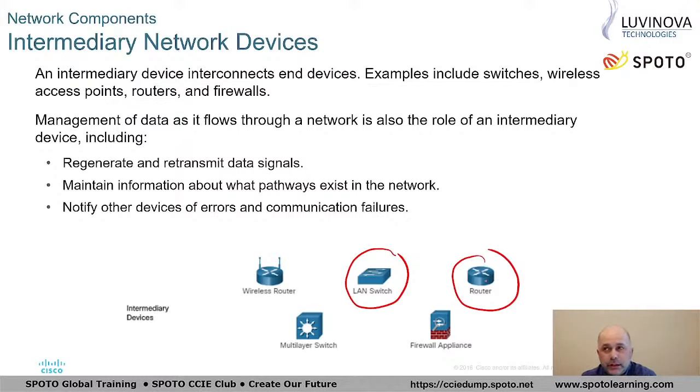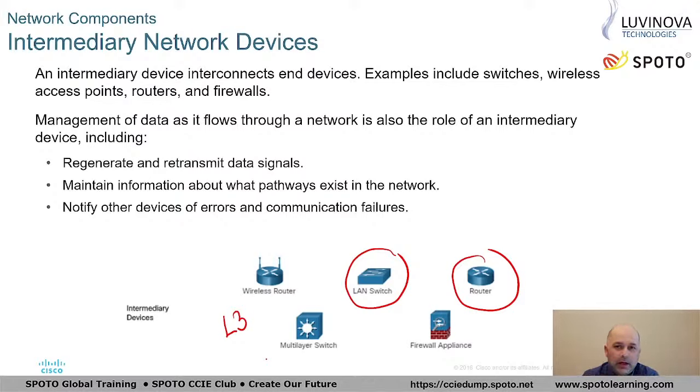A multi-layer switch is nothing more than a switch with router capabilities. Here we call it a layer 3 switch. Okay? A firewall appliance is a device which is dedicated to being a firewall.